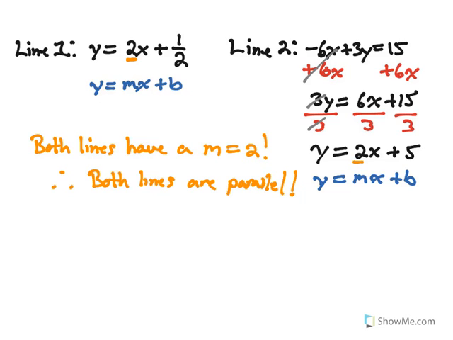Okay, so that was a good example. All right, so let's do one final one. All right, and we're going to have negative 4x. Let me go ahead and identify that as line 1, which is going to be designated as minus 4x plus y equals negative 2.